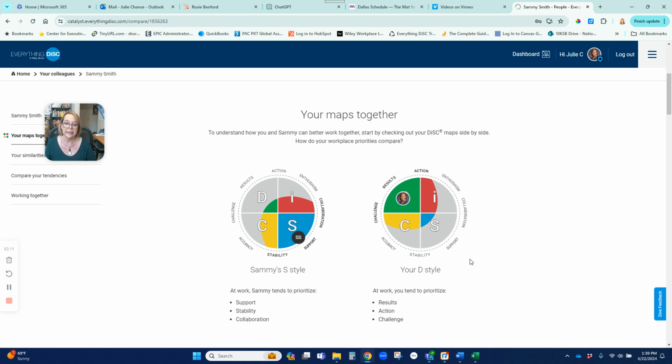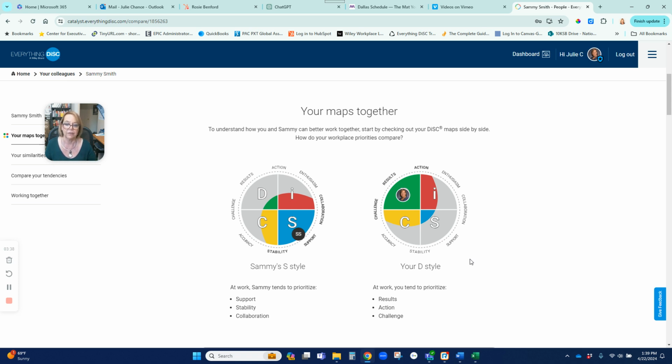We can see what Sammy prioritizes and what I prioritize, and talk about how that plays out in our work together. I might ask him, when I push for results, how does that feel to you? And he might ask me what collaborating is like, or what it's like for me when I have to provide a lot of support.